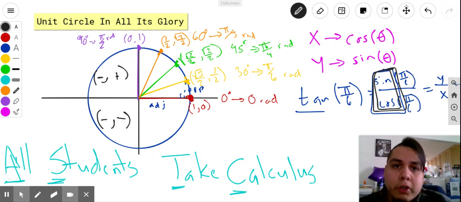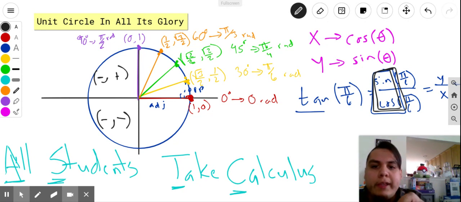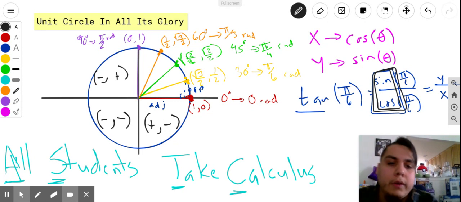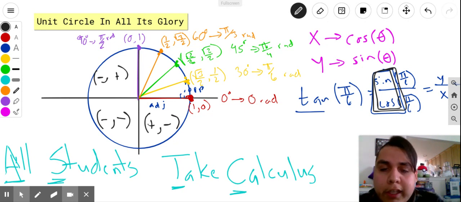That's why the third word is T for tangent. And the last one, we have the fourth quadrant, which has a positive x value and a negative y value. So C for cosine, because the x values are the cosines, that's why we use the word calculus. And that's just what I was taught.